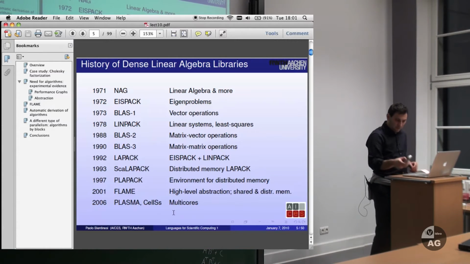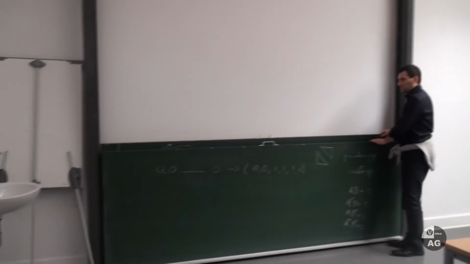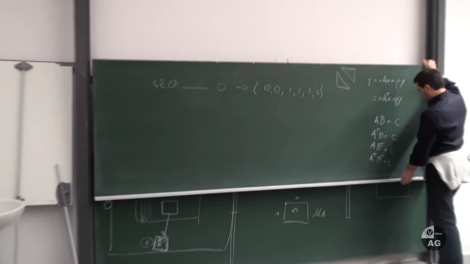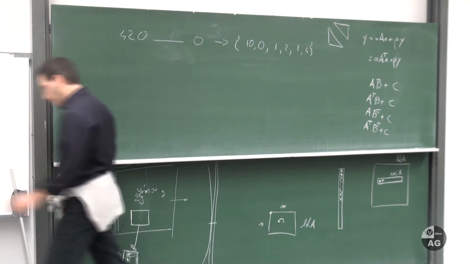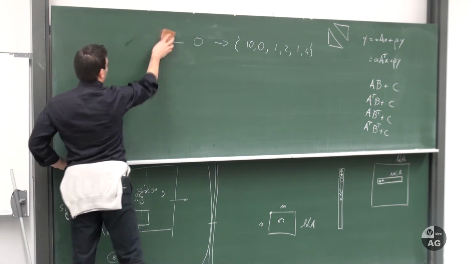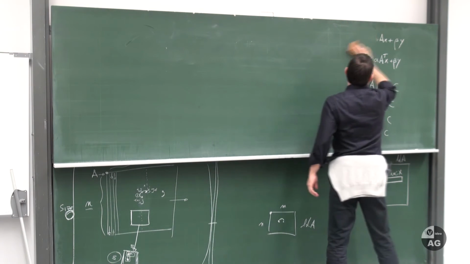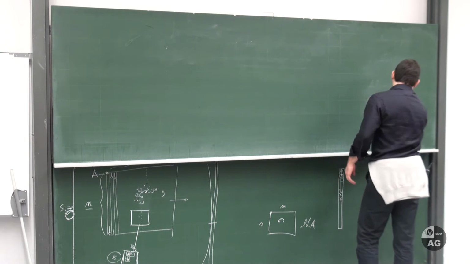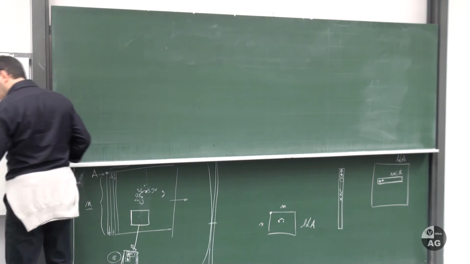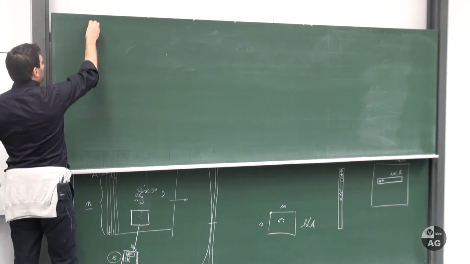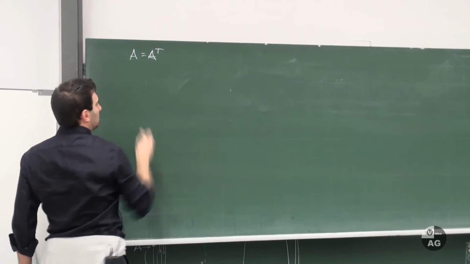And now I give you an example. So now we talk about Cholesky factorization. Okay, linear algebra. We have a symmetric matrix A. This is input.